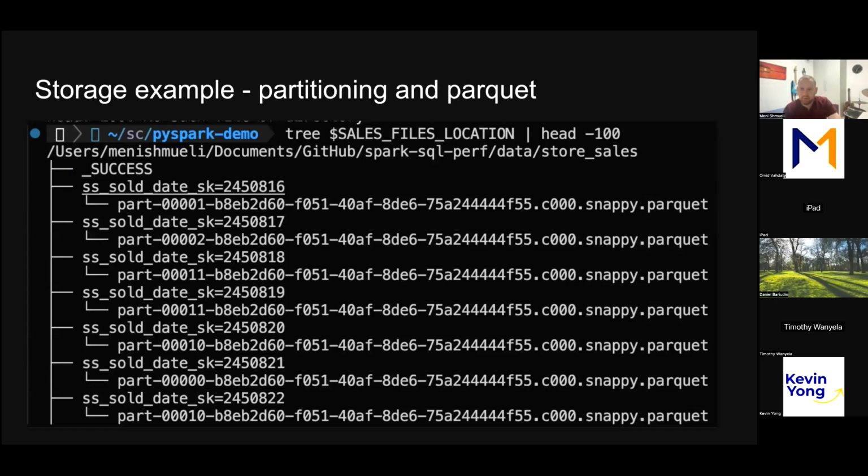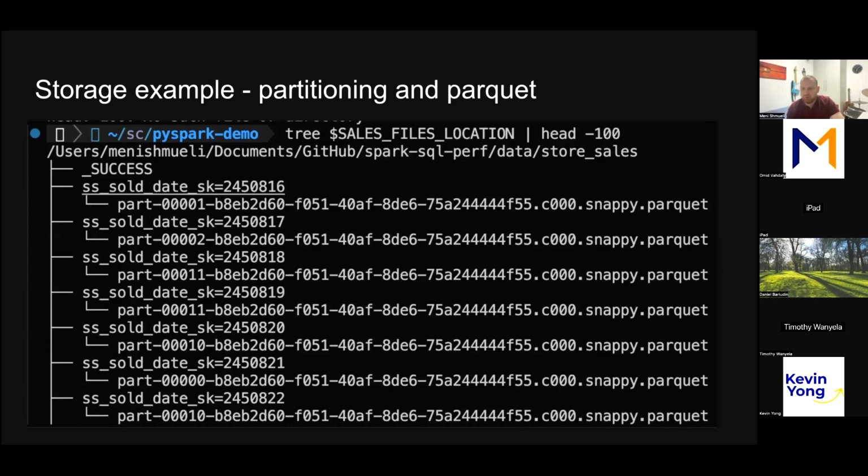So a very simple example of how storage in big data looks like. Here it's my local machine, but the idea is this is how a Linux file system looks like. We have a bunch of folders, which we call partitions. In each folder, only data associated with a certain key or set of keys is inserted. 99% of the time, it's a date.